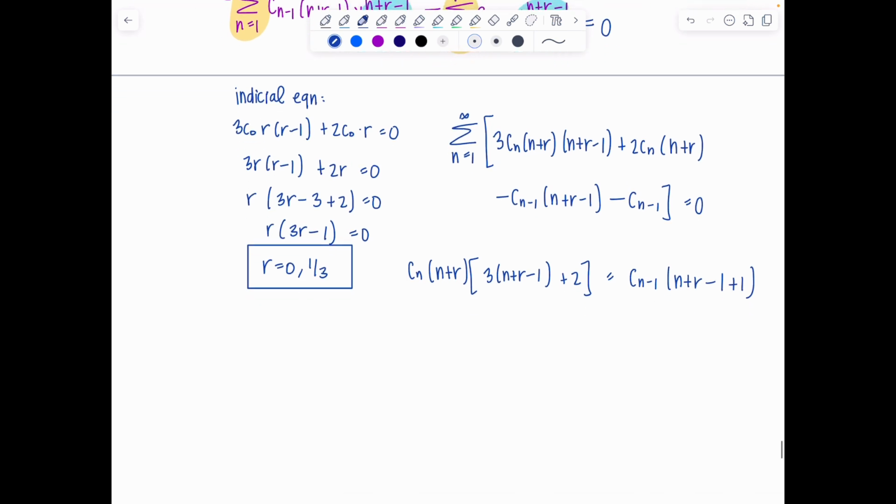So then if I get cn by itself, that's cn minus 1 times n plus r divided by n plus r times 3n plus 3r minus 3 plus 2. And then notice these n plus r's cancel. So then we have cn minus 1 over, very lovely, 3n plus 3r minus 1.